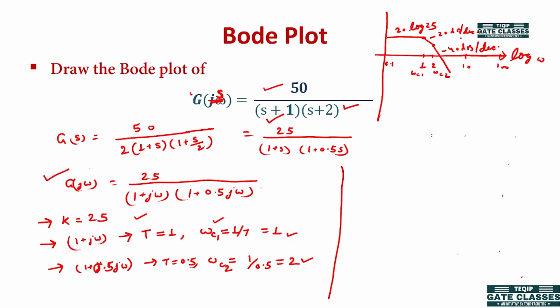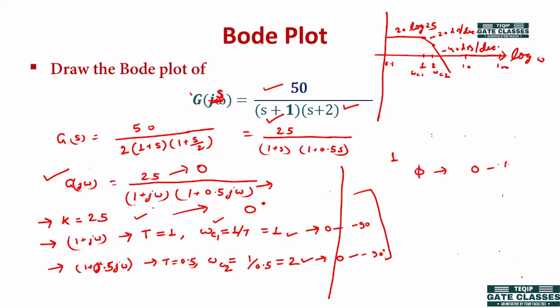One pole will contribute, this constant will contribute 0 degrees, this component will contribute an angle 0 to minus 90 degrees, and this component will contribute from 0 to minus 90 degrees. So the total angle for this particular open loop transfer function would be varying from 0 to minus 180 degrees.